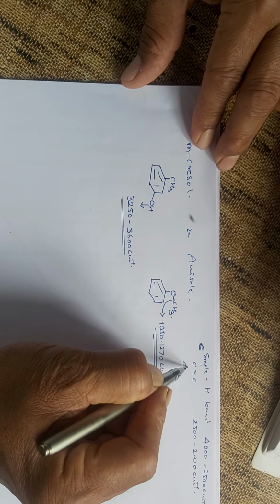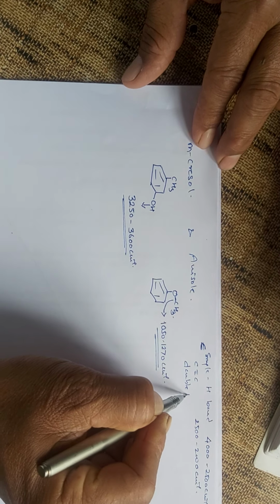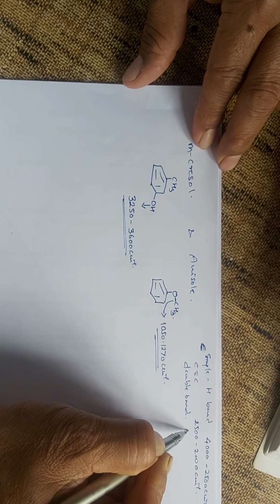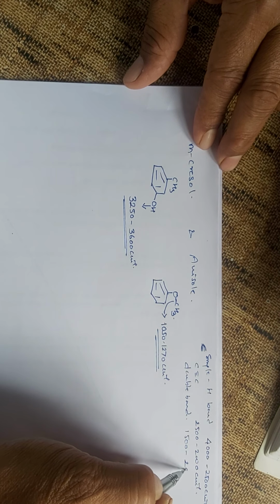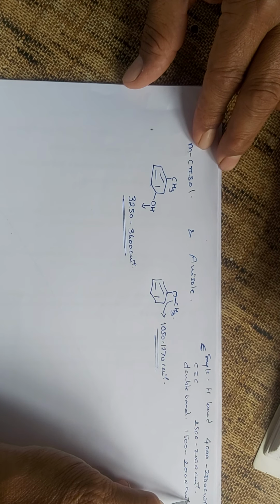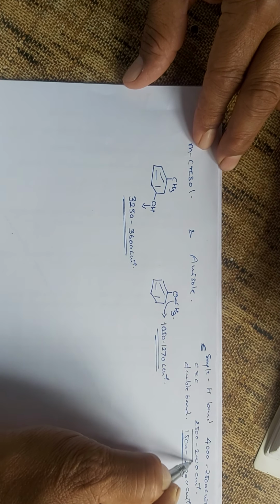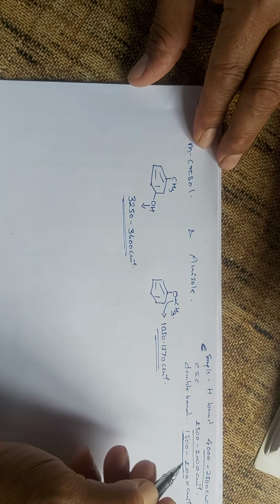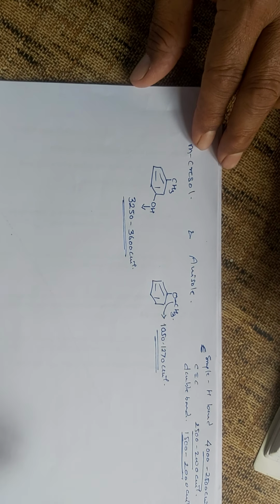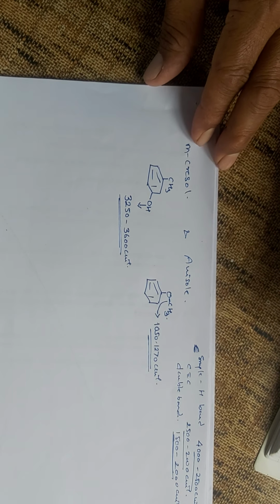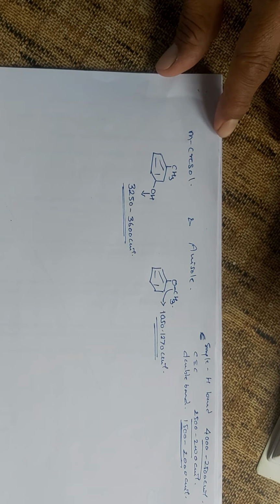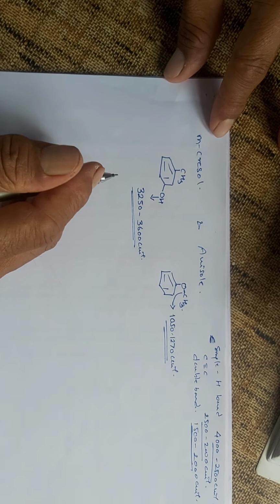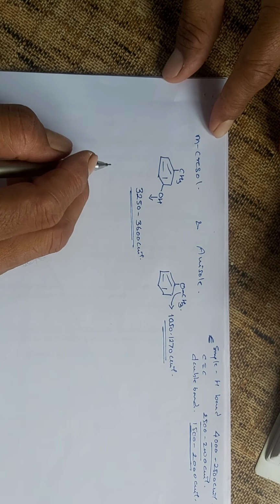And the double bond region lies between 1500 to 2000 reciprocal centimeters. These are all due to the stretching vibrations, and the bending vibrations we get at a very low frequency, that is 1300 to 667 reciprocal centimeter.